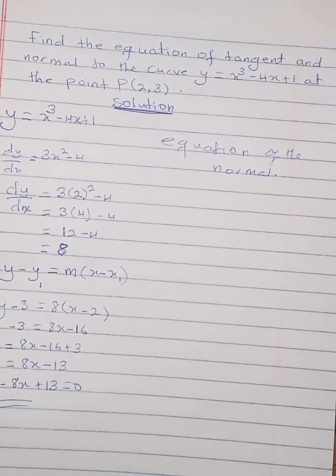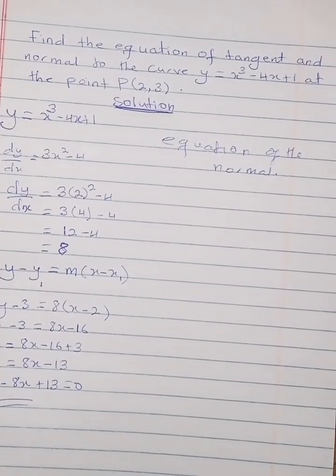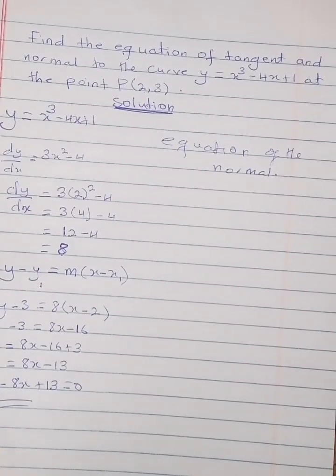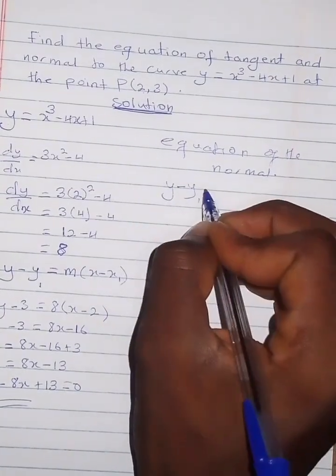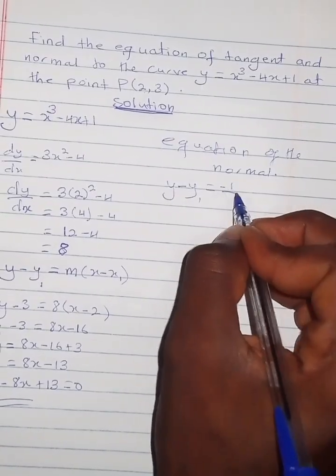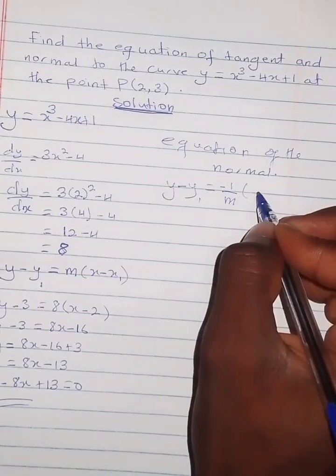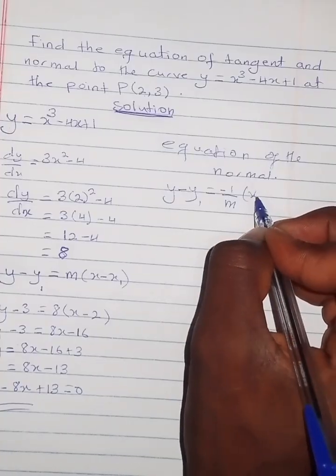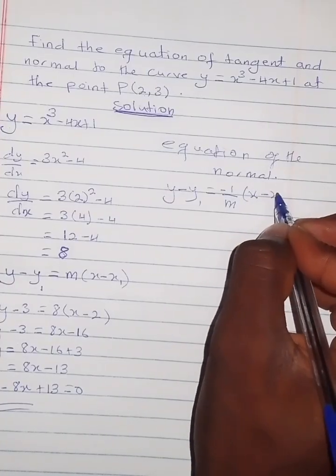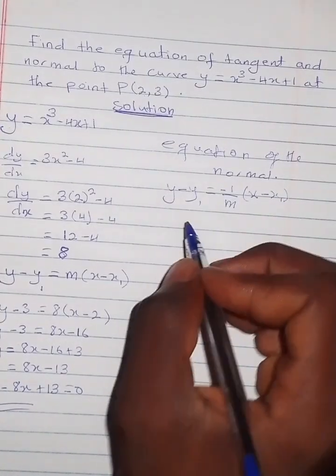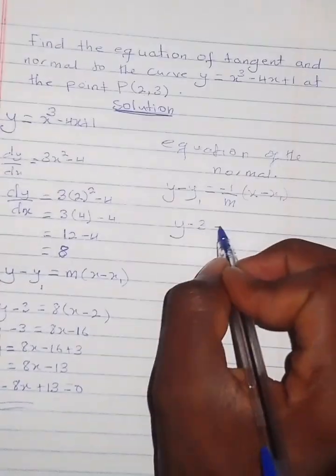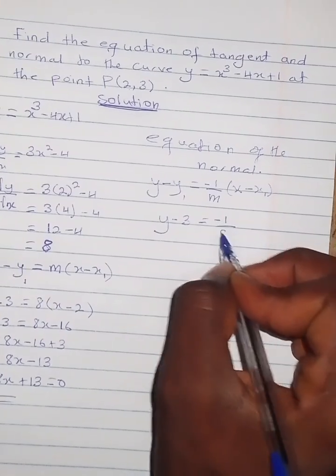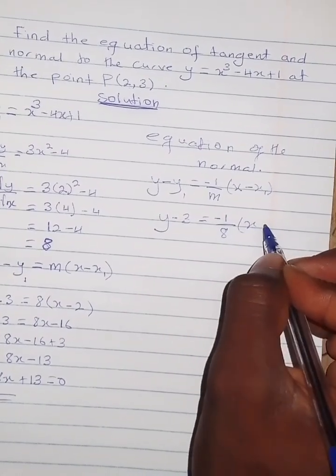The equation of the normal is the same as this one, but the gradient is the negative reciprocal of the tangent's. So it's given by y minus y1 is equal to negative 1 over m, into bracket x minus x1. We know y1 already, which is 3, so it is equal to negative 1 over 8 by x minus 2.